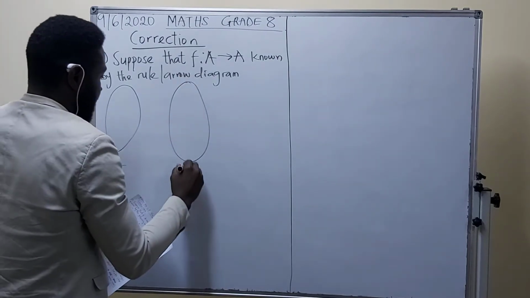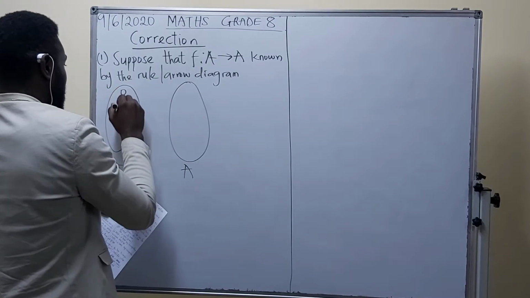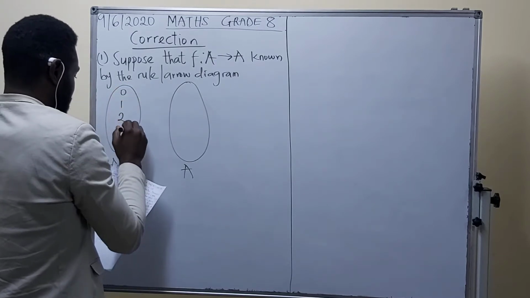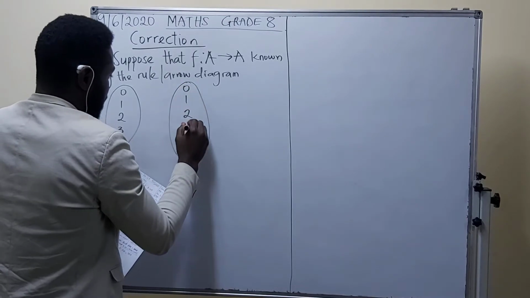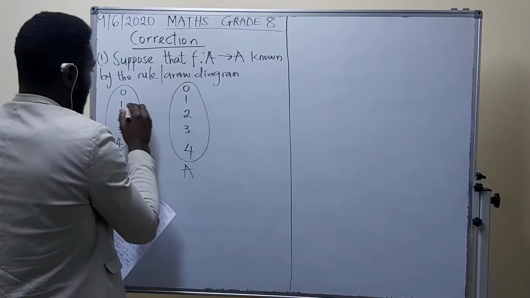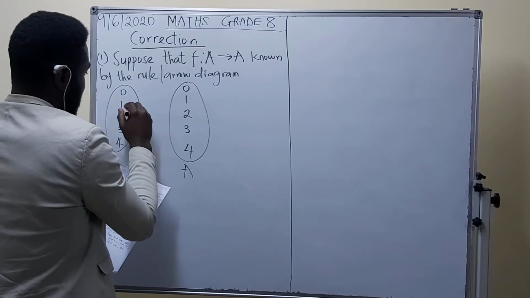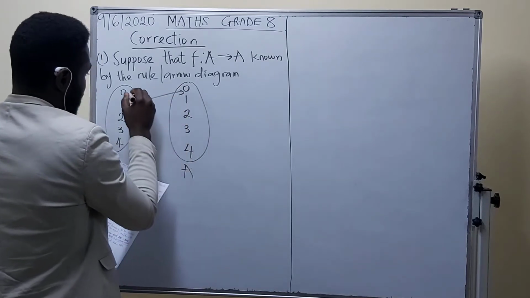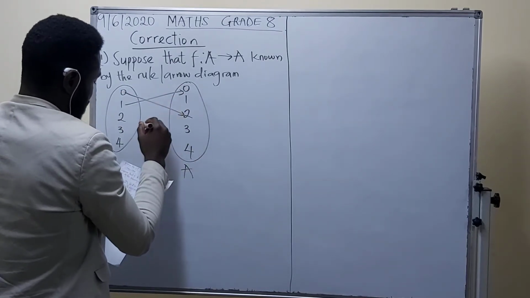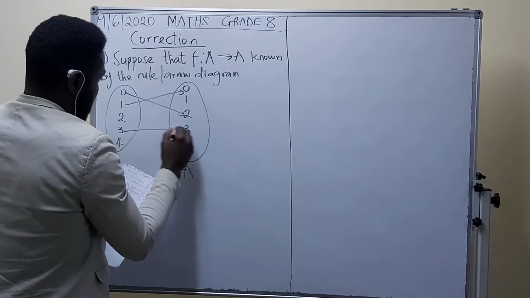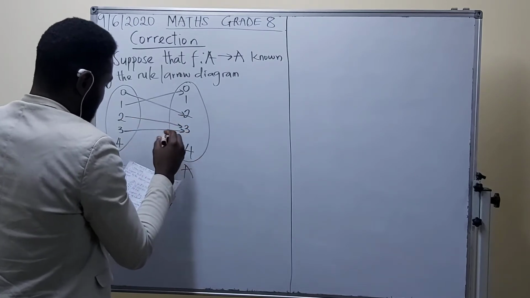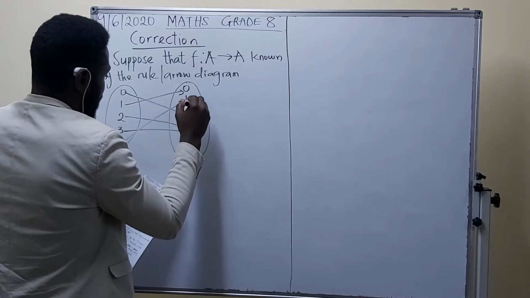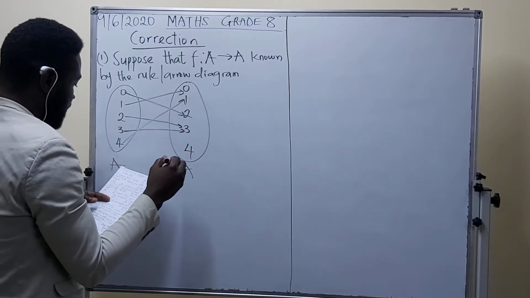We are A. We have 0, 1, 2, 3, and 4. We have 0, 1, 2, 3, and 4. From the question, 1 binds with 0, 0 binds with 2, 3 binds with 3, 2 also binds with 3, and 4 binds with 9.